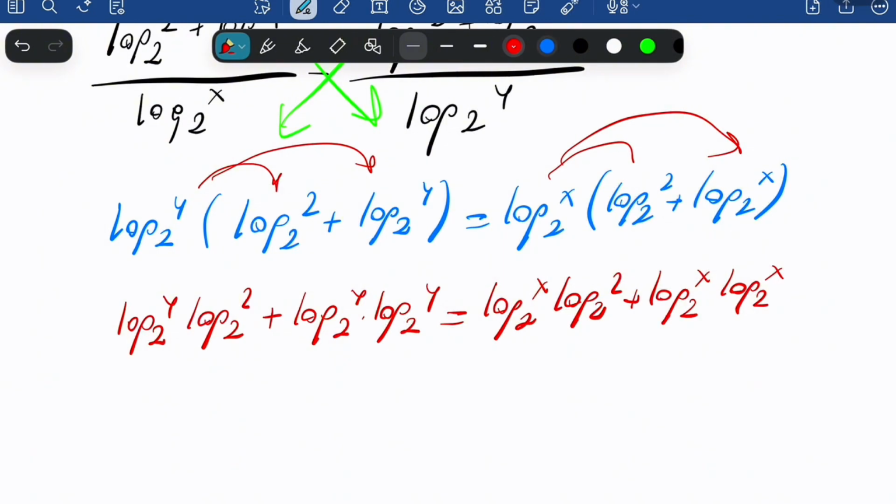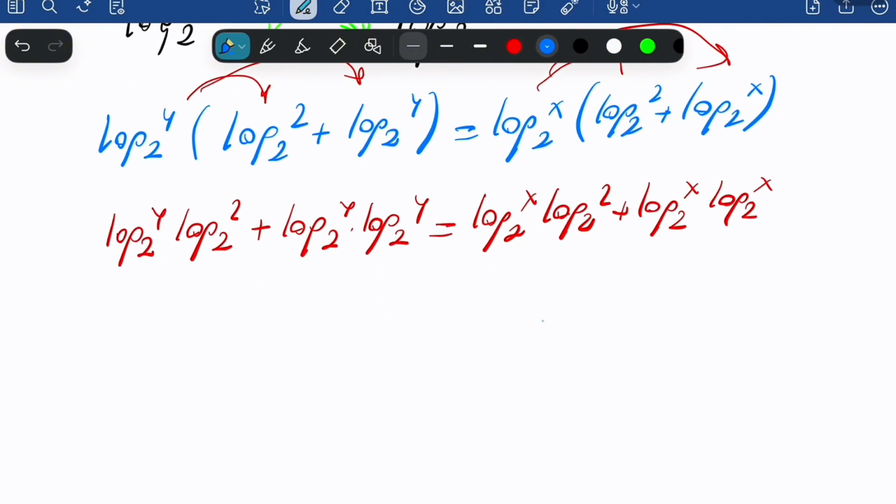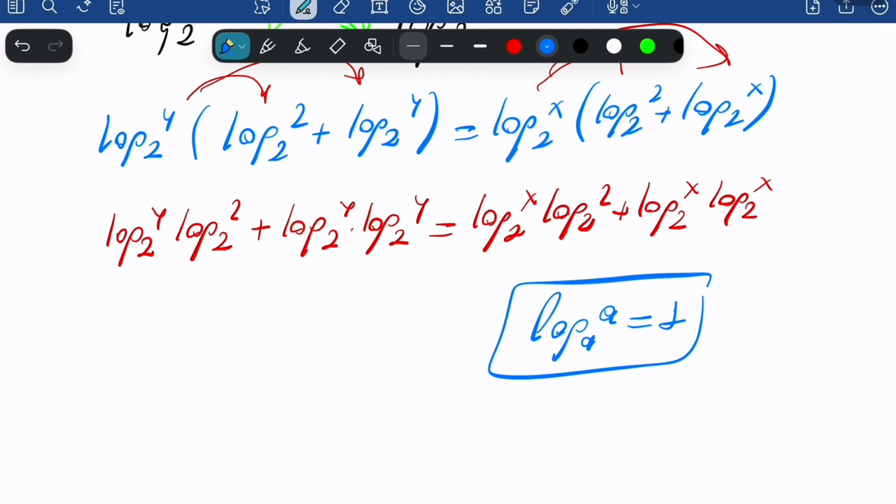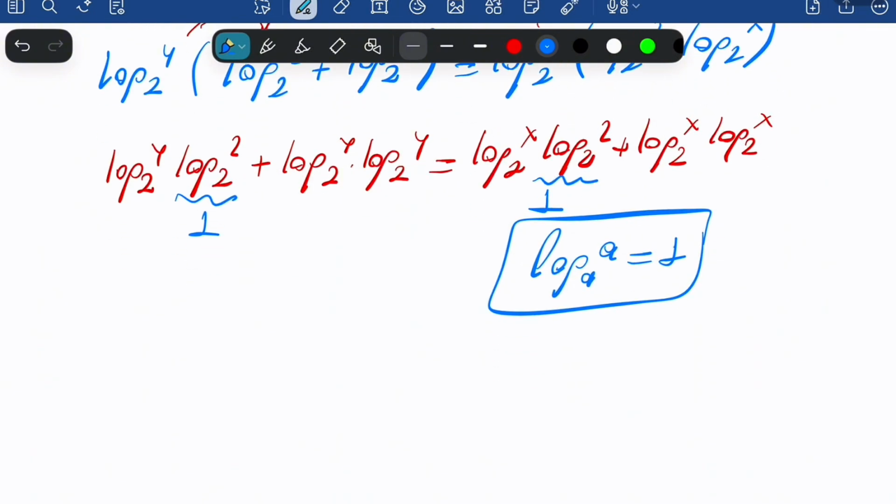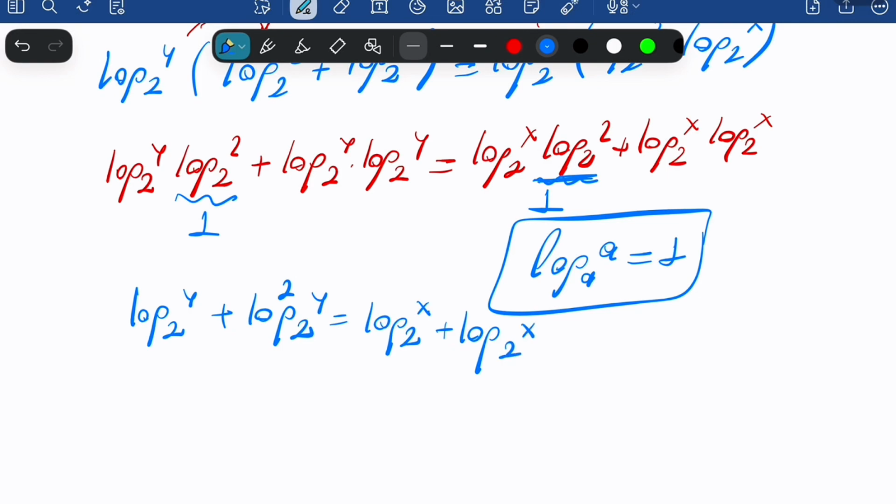Let's not forget this property of the logarithm: log base a of a is equal to 1. If we assume that this expression is 1, our expression becomes log base 2 of y plus log base 2 of y squared equals log base 2 of x plus log base 2 of x squared.